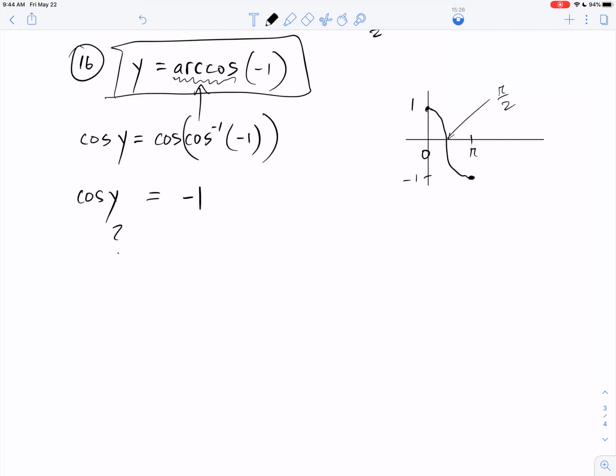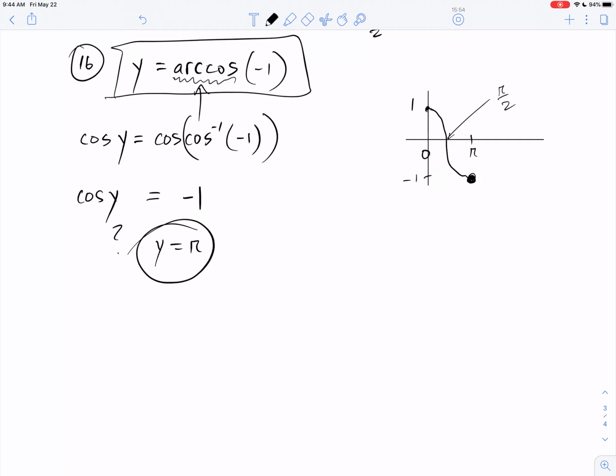Between pi over 2 and pi, that puts me in quadrant 2. So for a cosine graph, we only look in quadrant 1 or 2. Right at this location, cosine is equal to -1. So what is the missing angle they want me to fill in? They want me to say y equals pi.